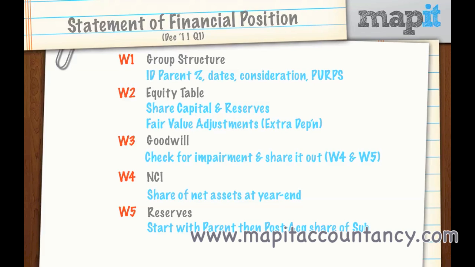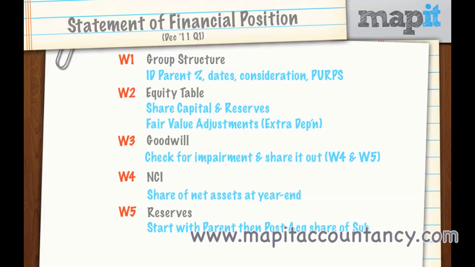We then bring in the post-acquisition share of the subsidiary's profit. So the profit made by the subsidiary from the date that we acquired them. We'll need to get the parent's percentage of that profit and bring that into our group reserves or our group retained earnings. So start with the parent's retained earnings, then add in the post-acquisition share of the subsidiary's retained earnings.